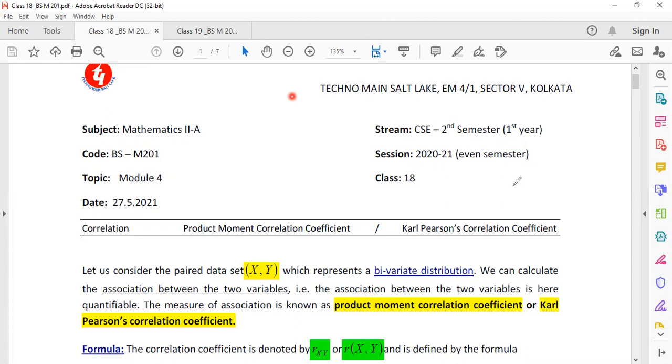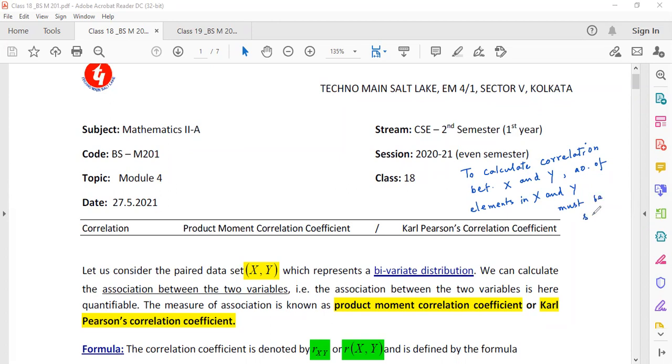Do write in your copy that to calculate correlation between capital X and capital Y, the number of elements in X and Y must be the same.